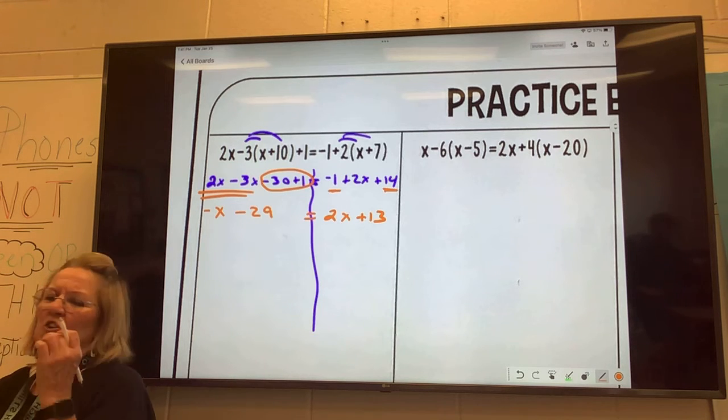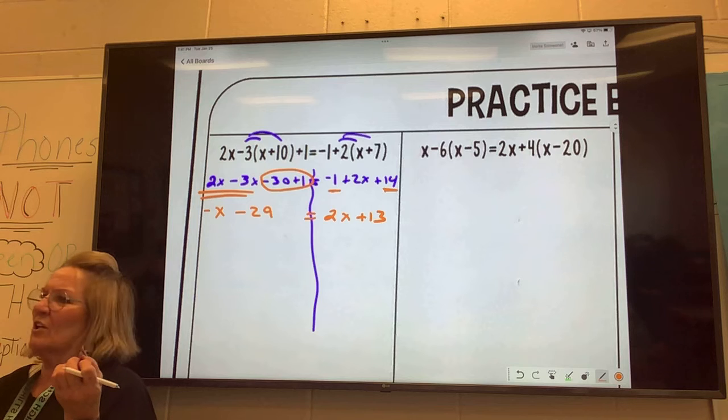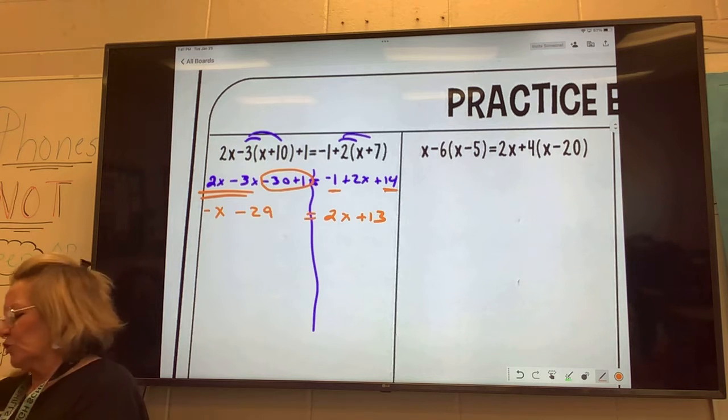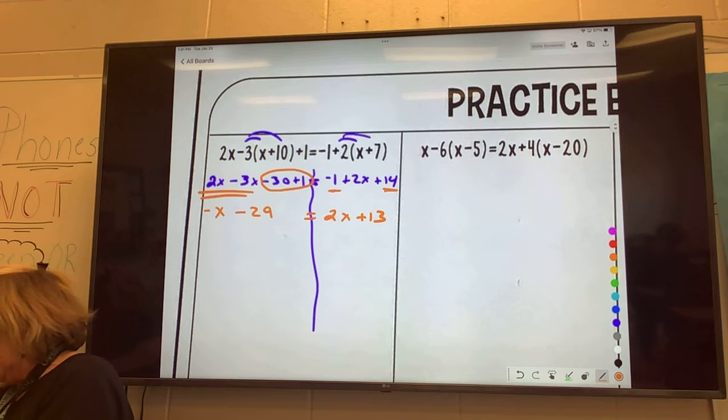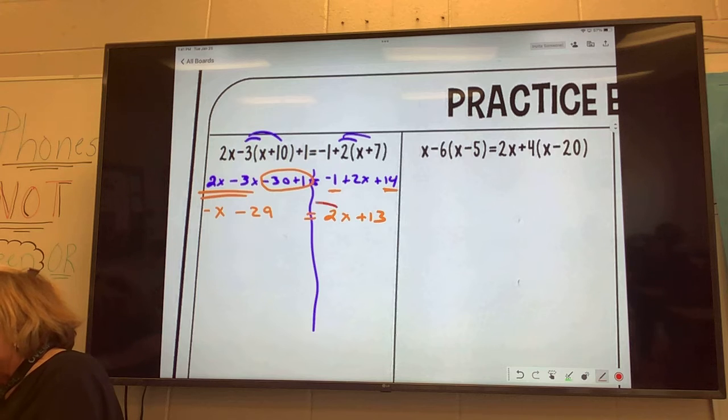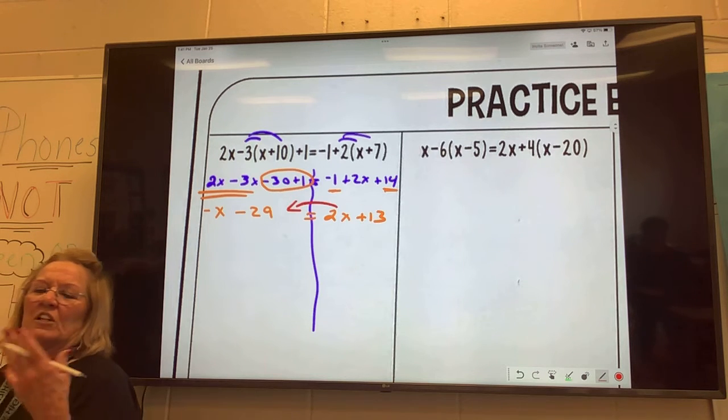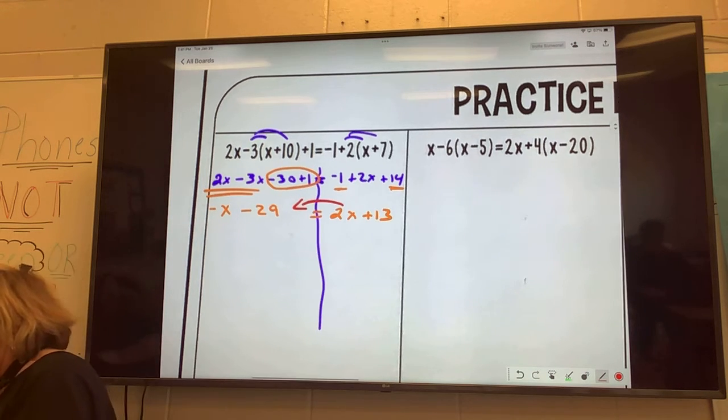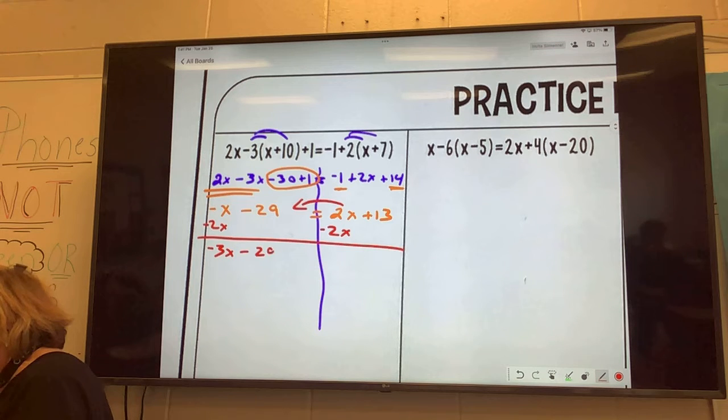Again, if you do one step at a time, it's hard to make a mistake. But if you're trying to combine steps, it's real easy. Now I'm going to move my 2x over to that side, and I have to do the opposite of what it is. It's a +2, so I'm going to subtract 2x. Gives me a -3x minus 29 equals 13.